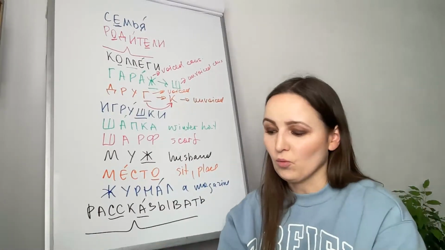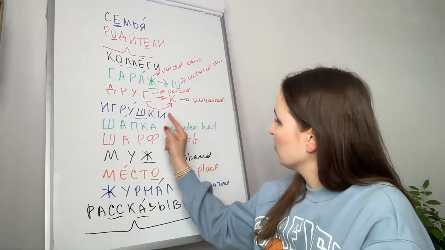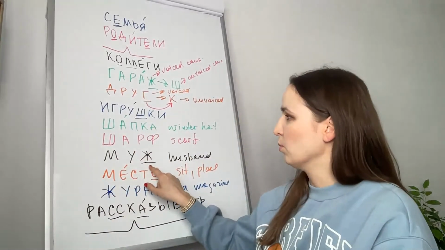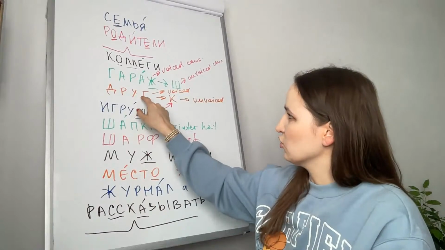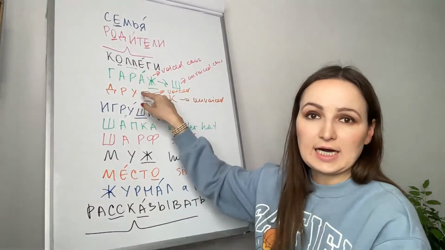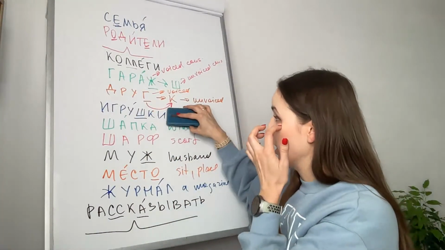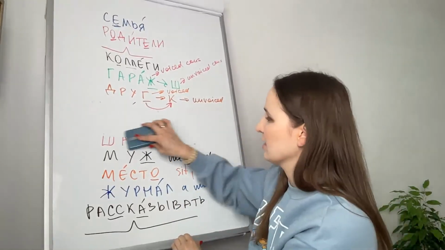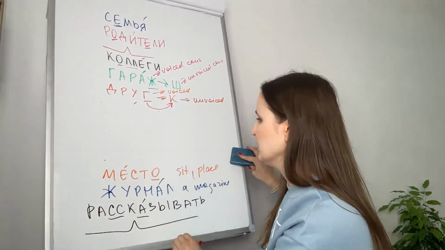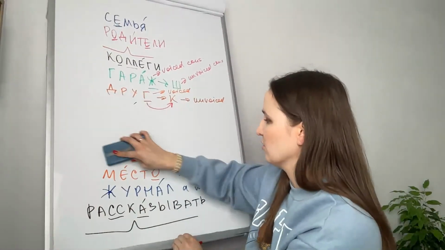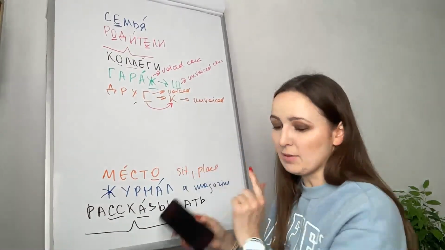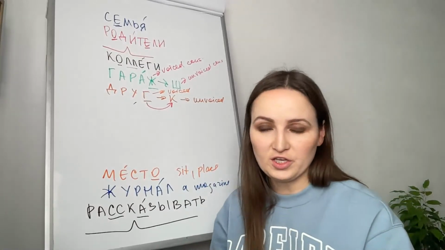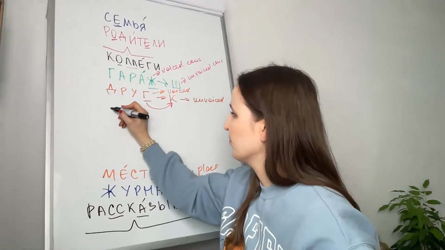Okay. Now, I told you about муж and друг, and garage, about voiced consonants. Also, voiced consonants can be in the middle of the word, and we will pronounce them as unvoiced. For example, легкий. Легкий is easy.